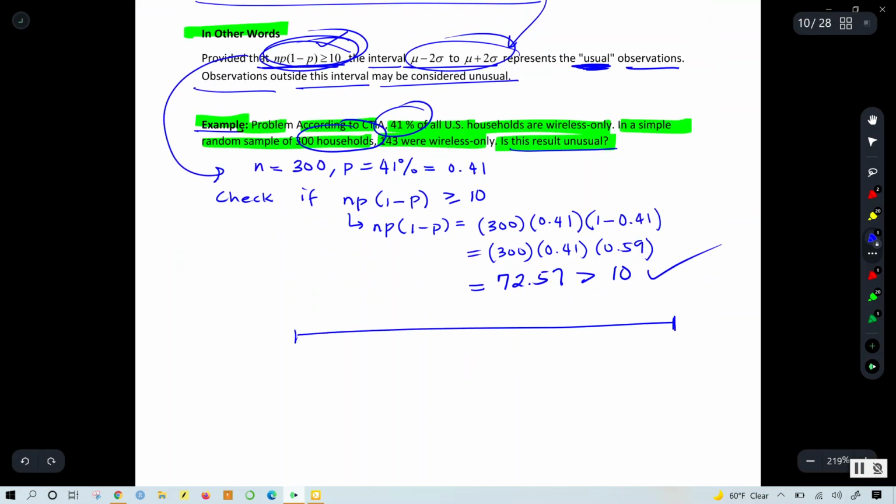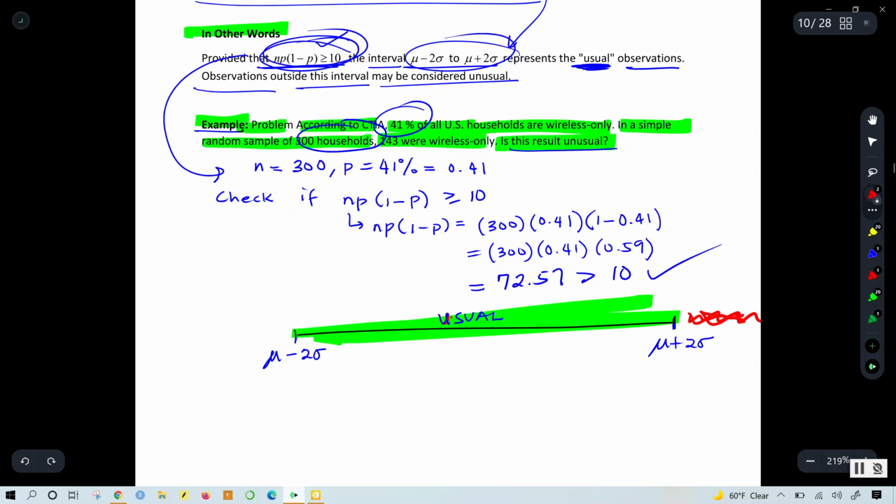It will go from mean minus 2 standard deviations to mean plus 2 standard deviations. Any number in this range, if it is observed, is marked off as a usual observation. Any number outside this range, either below mean minus 2 standard deviations or above mean plus 2 standard deviations, is marked unusual.